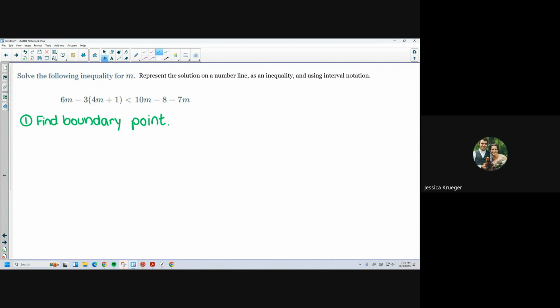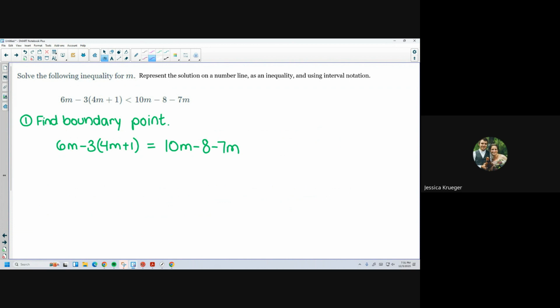And that means figuring out where 6m minus 3 times 4m plus 1 is equal to 10m minus 8 minus 7m. Think about what your first step might be for this.